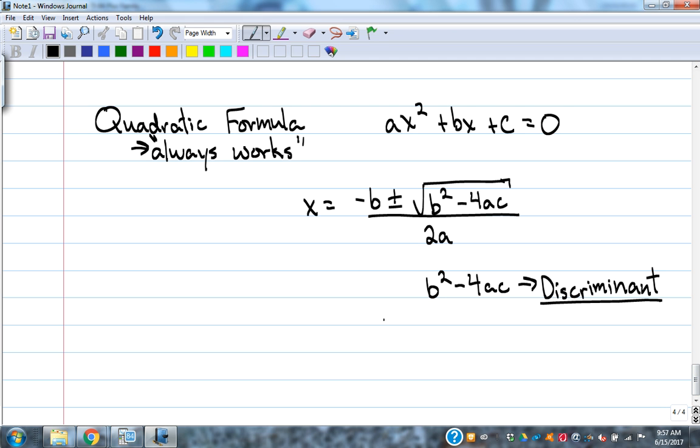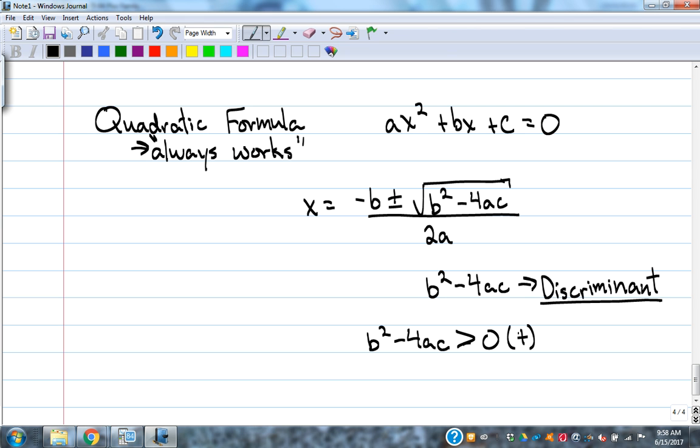And so this is what it tells us. If the value of b squared minus 4ac is greater than 0, that means it's what kind of number? If a number is bigger than 0, what kind of number is it? It's positive, yeah. That basic of an answer, it's positive.